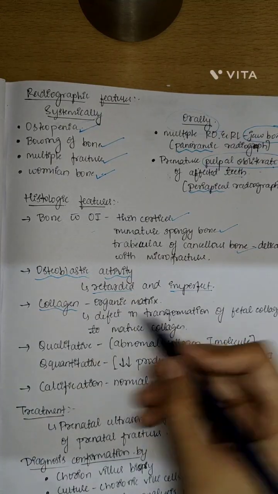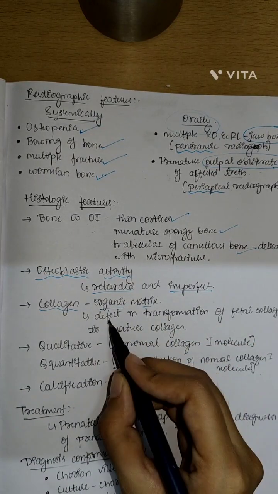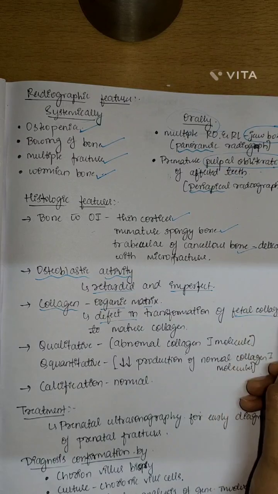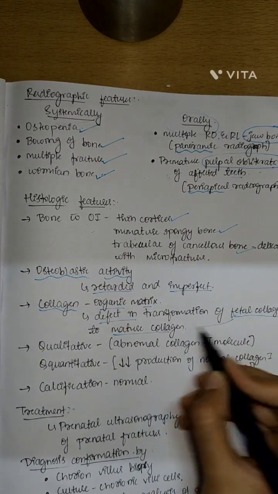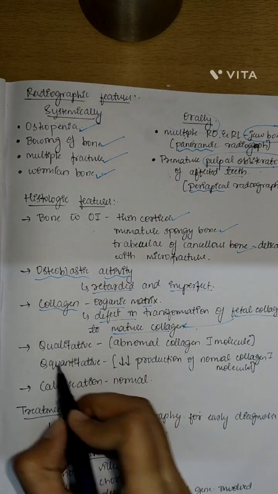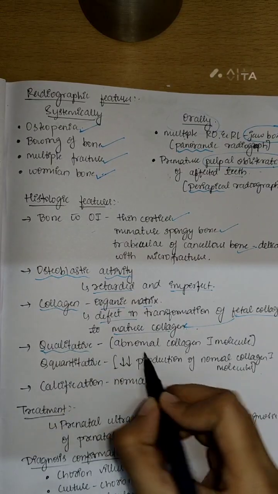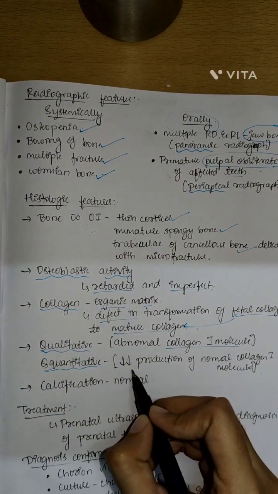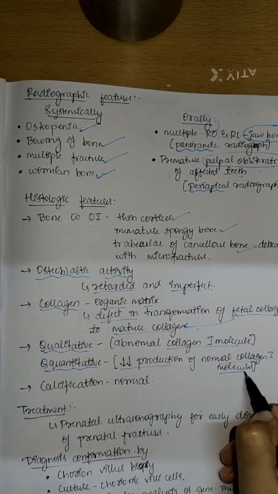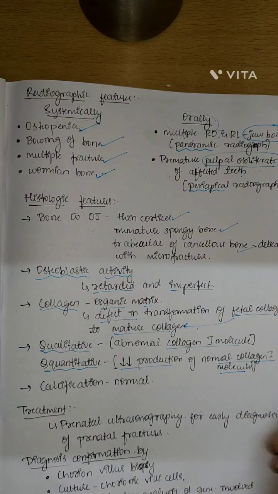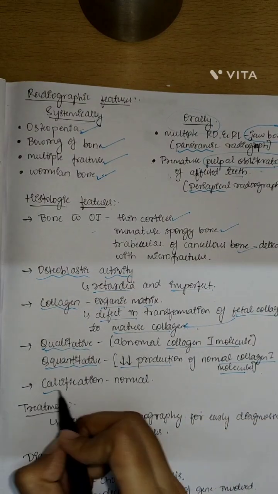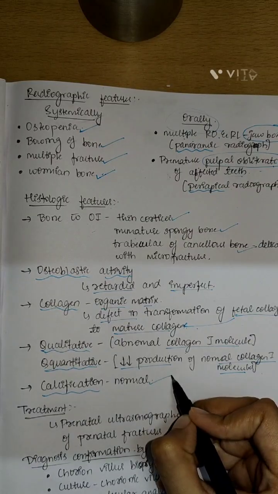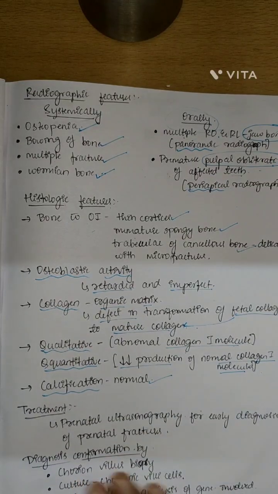The organic matrix of collagen has defects in the transformation of fetal collagen to the mature collagen, as we know. Then there are two qualities, qualitative and quantitative. Qualitative is the abnormal collagen 1 molecule formation, and quantitative is the decreased production of normal collagen 1 molecule. Then calcification is normal.